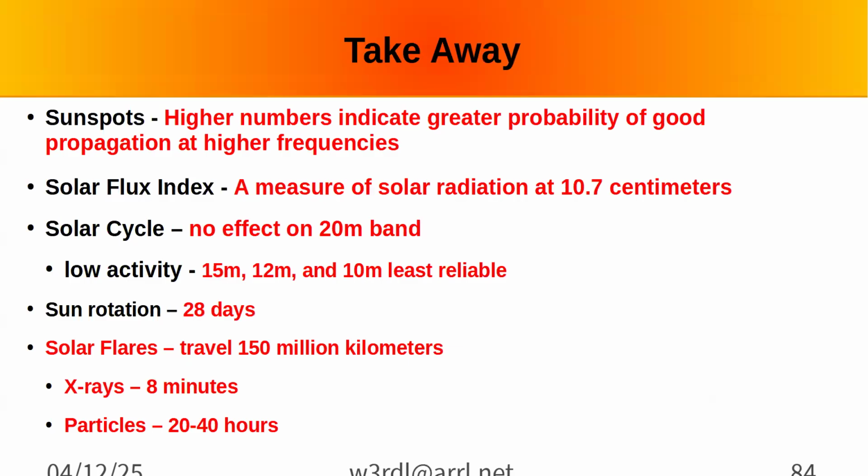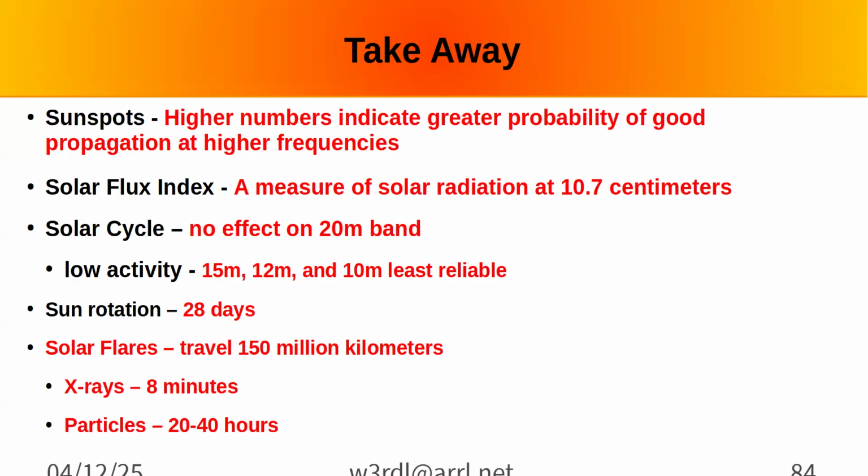Okay, so we talked about sunspots where higher numbers are better. The solar flux index, where they measure it at 10.7 centimeter wavelength. 20 meters isn't really affected by the solar cycle. Although I guess I take exception to that. I think it's affected. Whether it's high or low in the cycle, it's going to be the best band, but it's less effective.